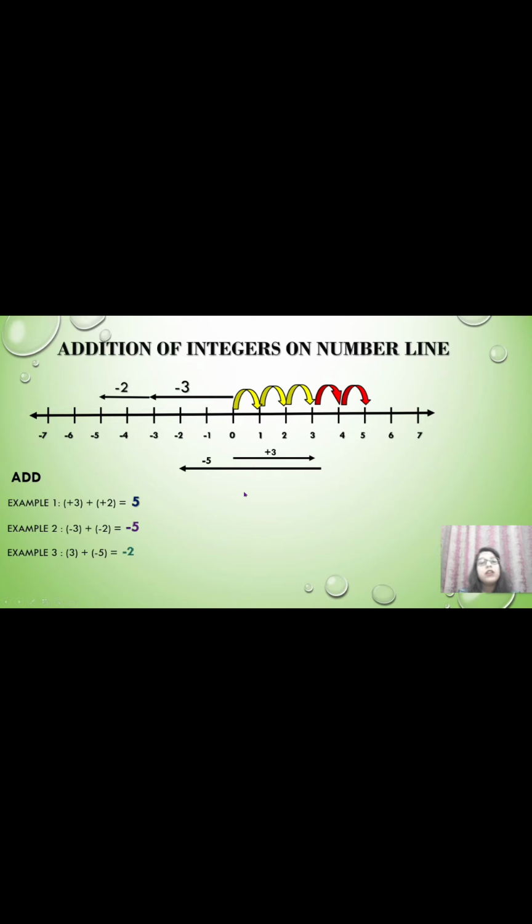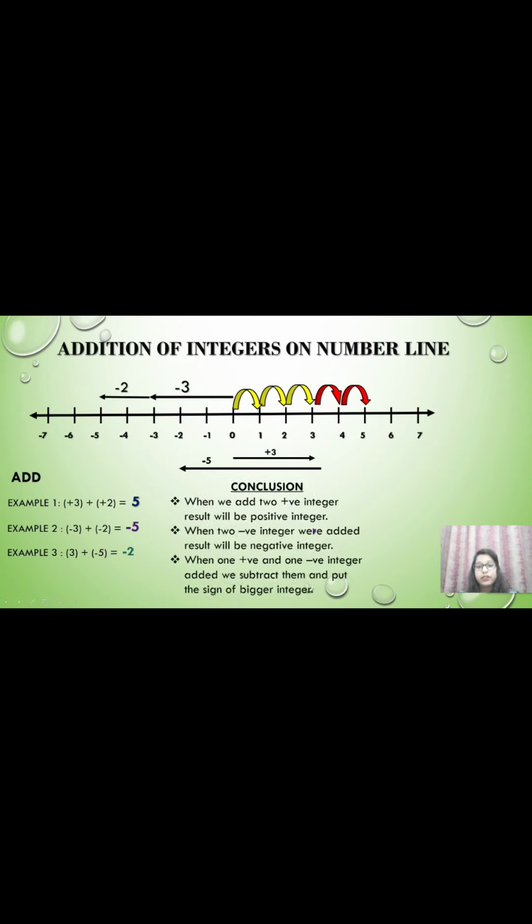Okay, we got it. So what we conclude from that? We conclude that when we add 2 positive integers, the result will be positive. Like in our first example, we have positive 3 and positive 2. Both are positive integers and we have to add them. So जो हमारा result आया था, the result is also a positive integer.